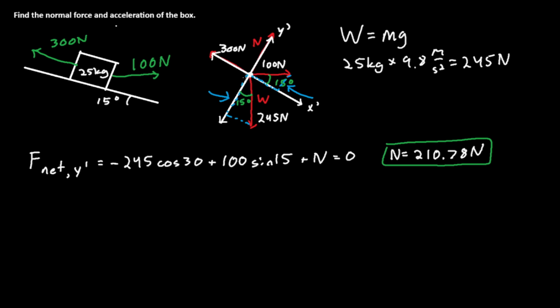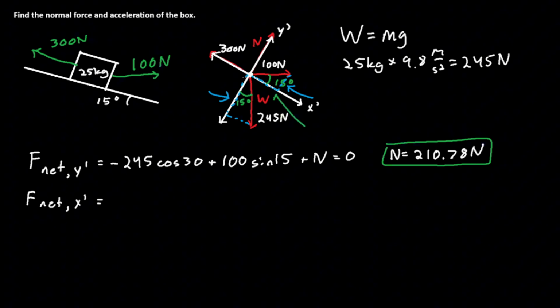Okay, how about our acceleration? Well, the acceleration just worries about the net y prime forces. The net x prime, sorry, not y prime, the net x prime forces. So what are the x prime components? Let's use a different color so I can clarify what I'm talking about.